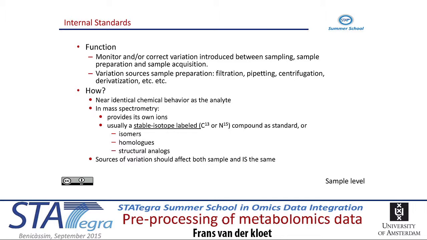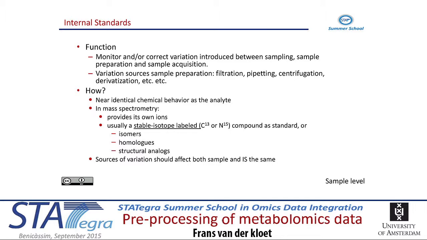But also other variations like pipetting, centrifugation, derivatization. And how does it do it then? Well, because the chemical behavior should be as close as possible to the analyte that you're interested in. So in mass spectrometry, it provides its own ions.